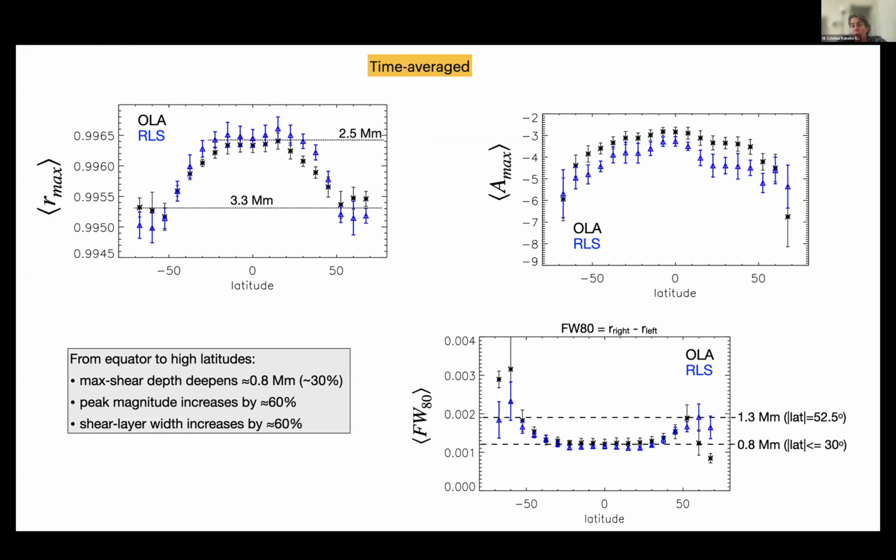And also the amplitude, on the top right, you see the amplitude of this shear becomes stronger at high latitude, by 60%. And on the bottom you have a measurement of the width as I defined before. The width also seems to increase, at least until 52 degrees latitude, by 60%.